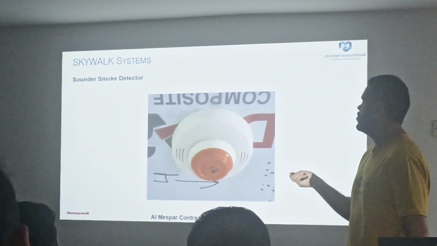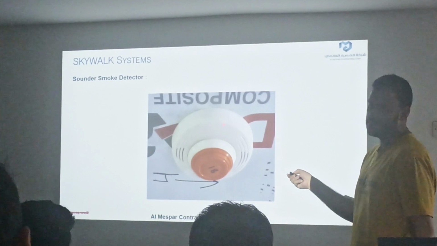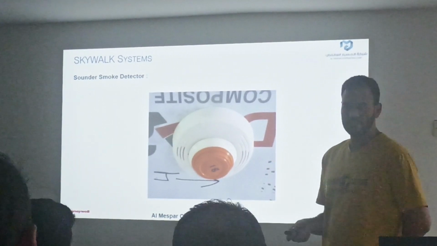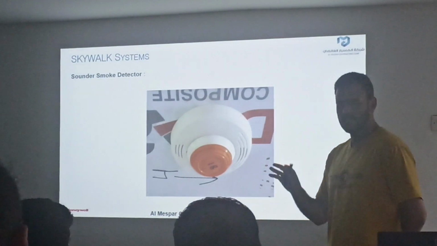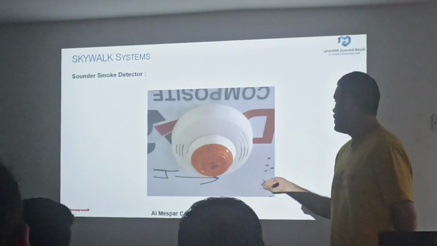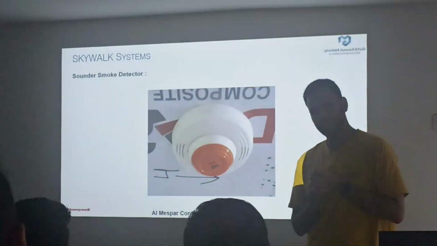This is another type of smoke detector. This is a smoke detector, but it also has a sounder base. This sounder base will give an alarm sound. But this smoke detector is a normal smoke detector. It will sense smoke only, not heat. This one requires a loop cable.